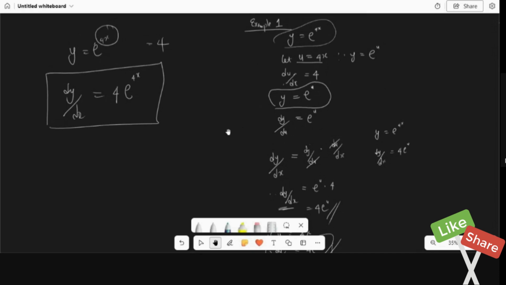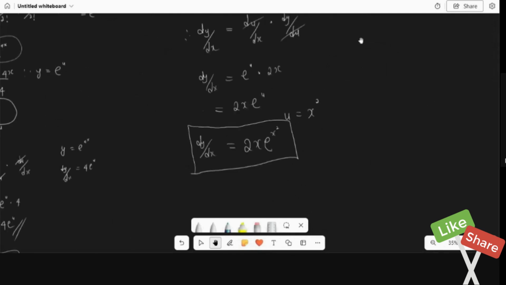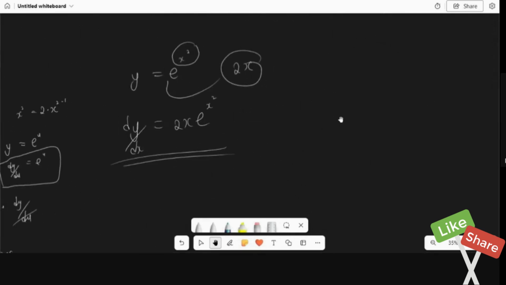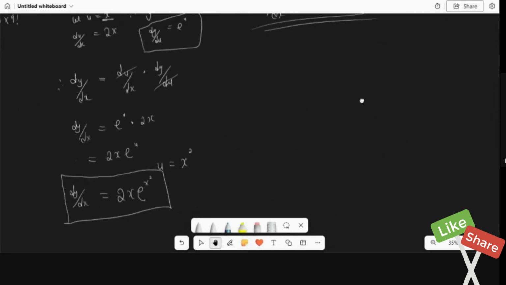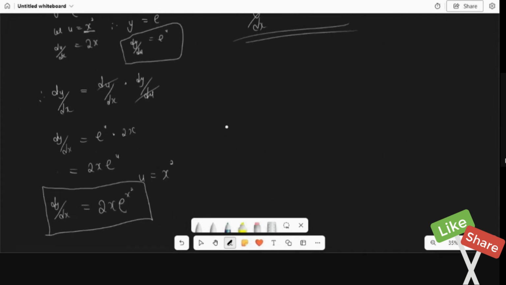Okay, so let's take some more serious examples this time around, to see if this makes sense to every one of you. Maybe you can try the shortcut method. I want to make it a bit more complex: y is equal to e to the power of 4x cubed minus 9.